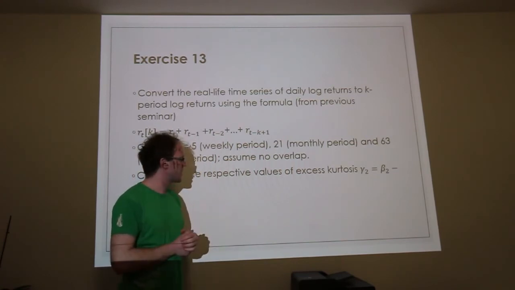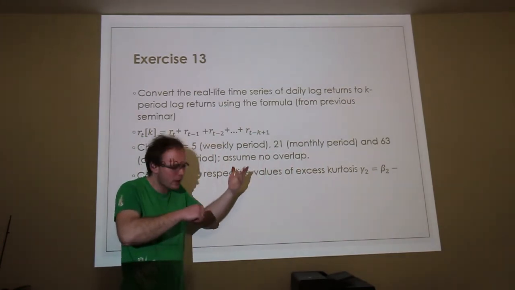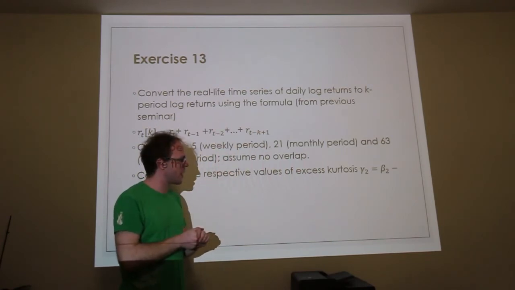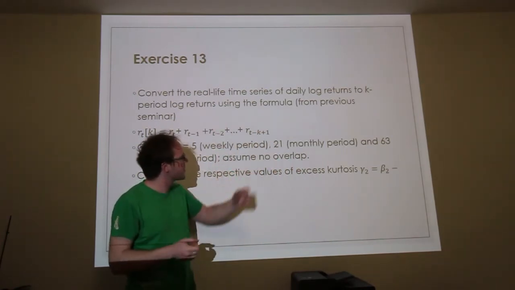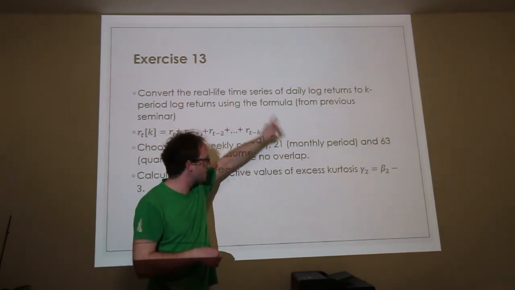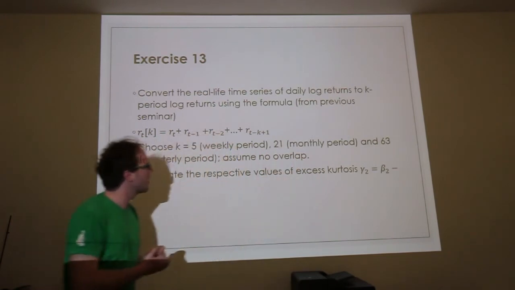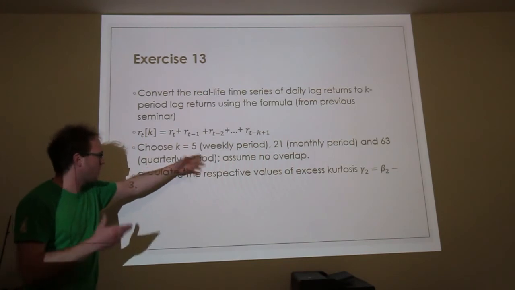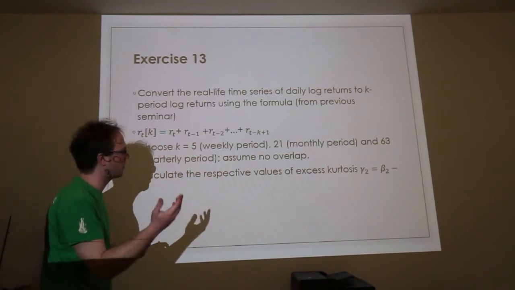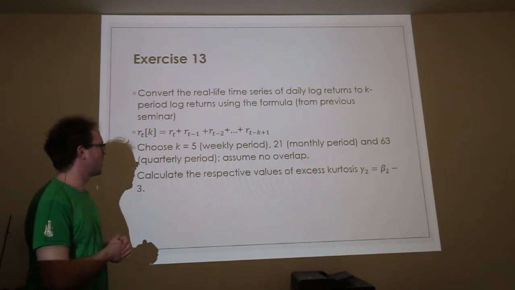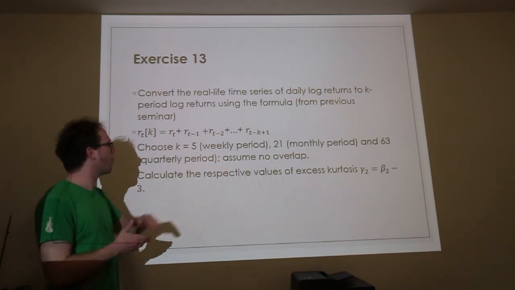February has 28 days, January 31 days, and other months, for example, 30 days, but these are working days: 21 working days in 1 month. And k is 63 for the quarterly period. Assume no overlap.